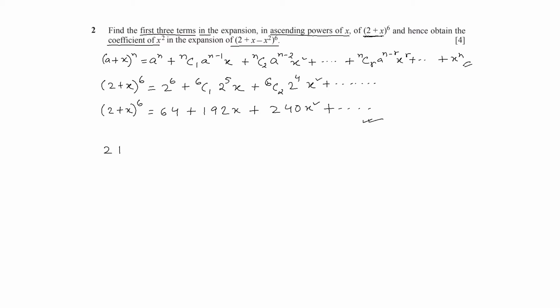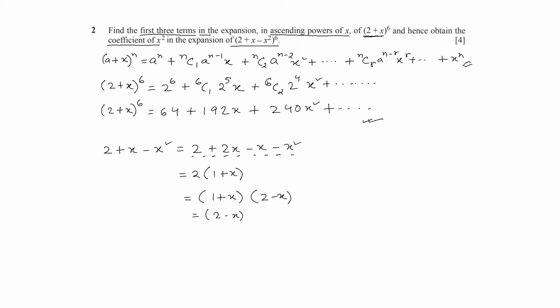So let me write 2 + x − x². It can be written as 2 + 2x − x − x². From the first two terms, 2 is the common factor, so let's take 2 out, so we can write 2 times (1 + x). And from the last two terms, −x is the common factor, so let's take it out, so we can write −x times (1 + x). So in the next line we can write (1 + x) times (2 − x).